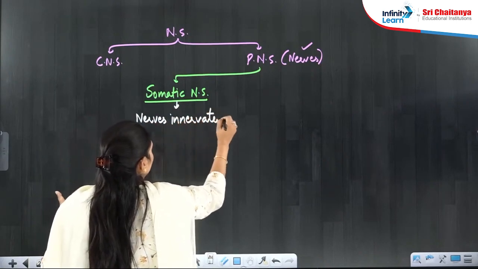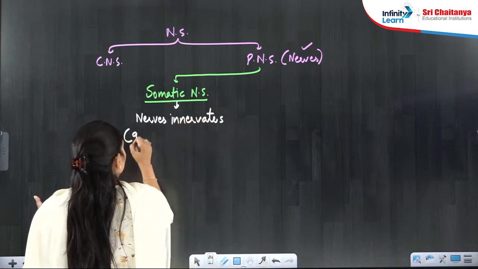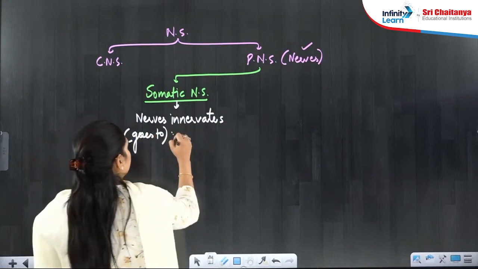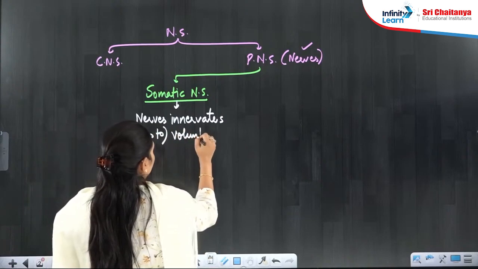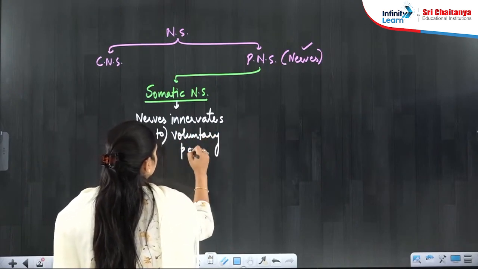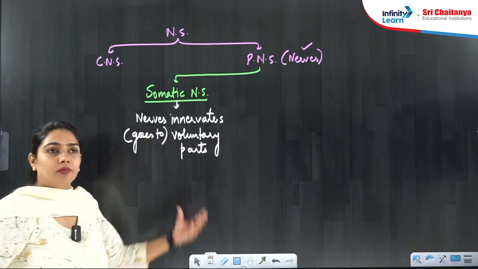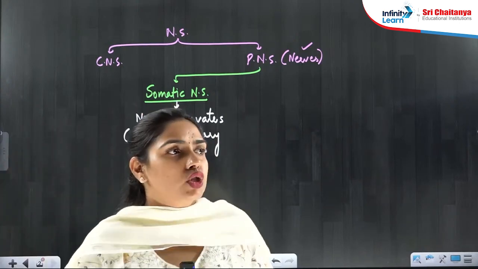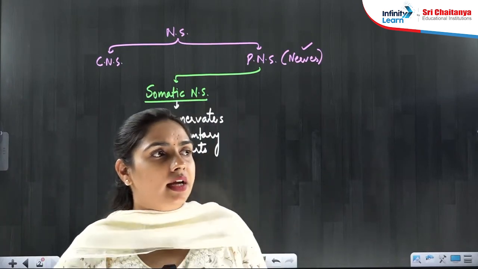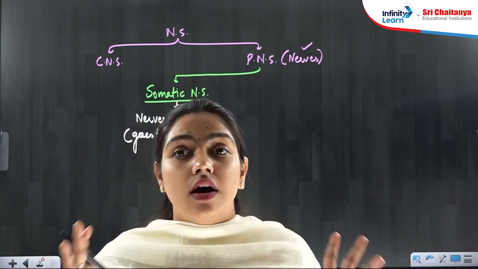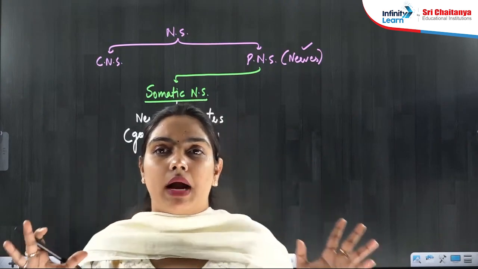Innervates means goes to. The nerves innervate voluntary parts of the body. Understood somatic nervous system, everyone? Somatic nervous system is formed by those nerves which are going to voluntary parts.